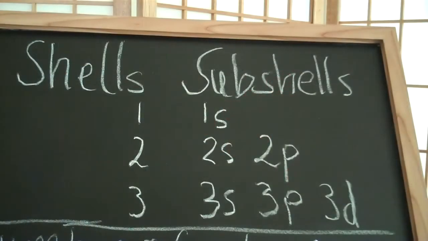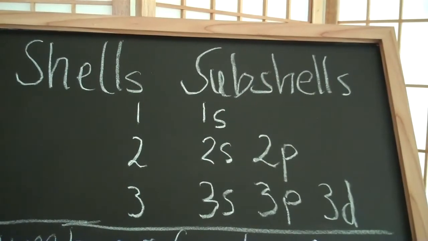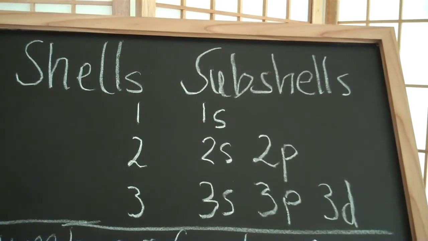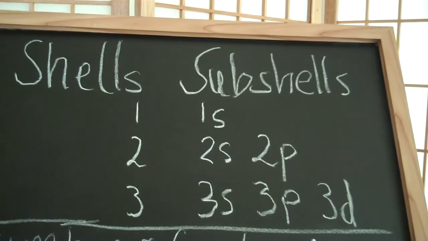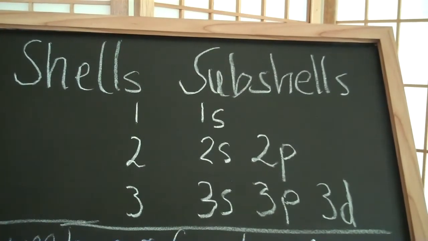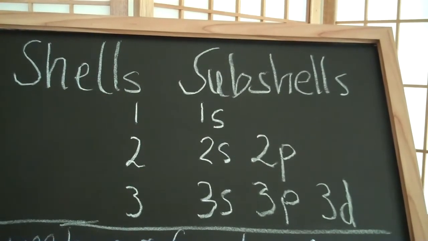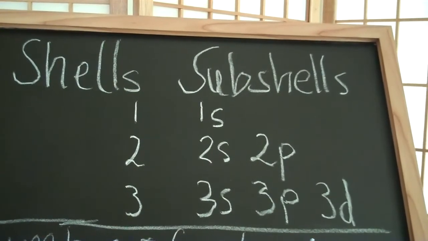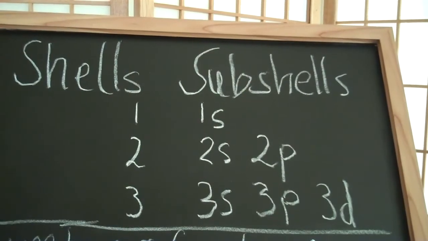We are now looking at the subshells of each shell. Shell 1 has 1 subshell called 1s. Shell 2 has 2 subshells called 2s and 2p, and shell 3 has 3 subshells called 3s, 3p, and 3d.